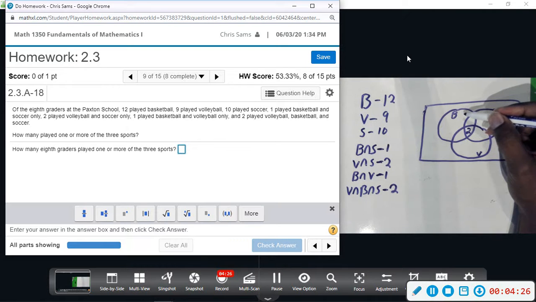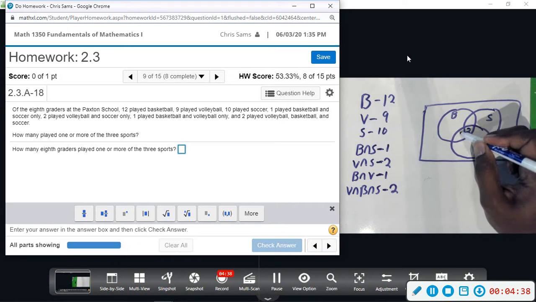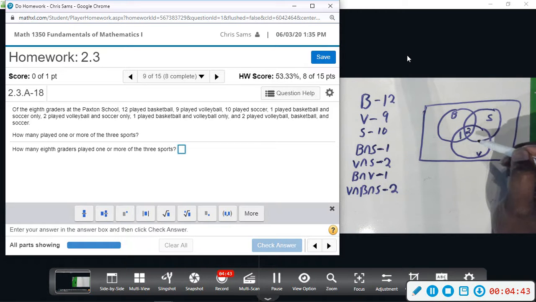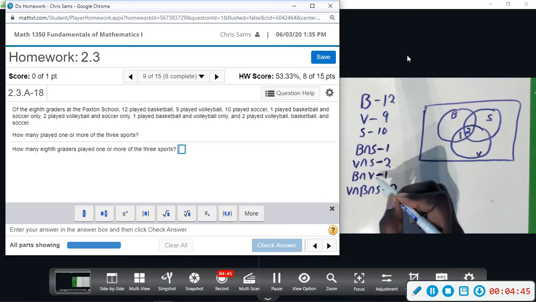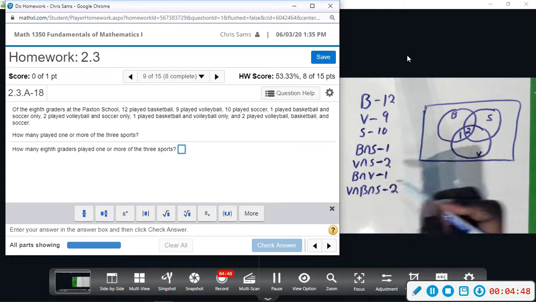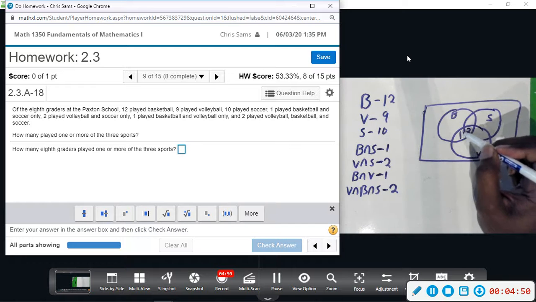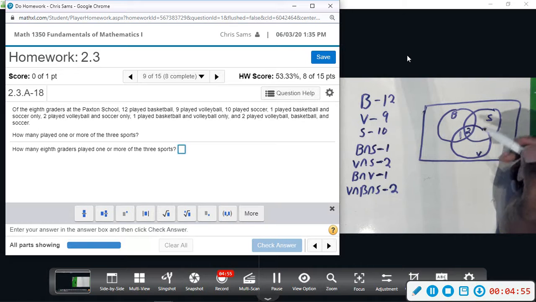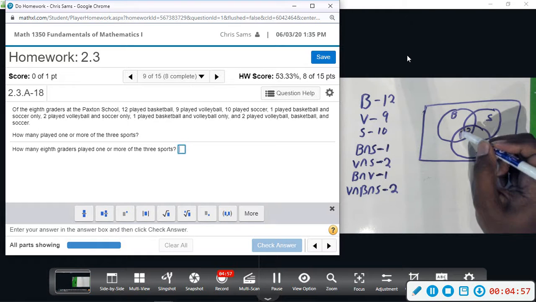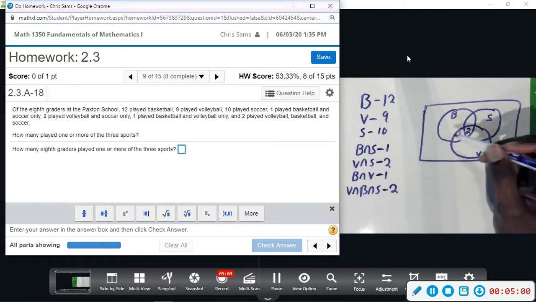Basketball and volleyball here should be 1, but we have 2 that played all 3. So I guess they're giving us just this part, basketball and volleyball only. They add the only. So I guess I should do minus. I kind of gave the wrong notation here, but basketball and volleyball only, that's that 1 piece right there. 1 played that only. I overlooked the only part.